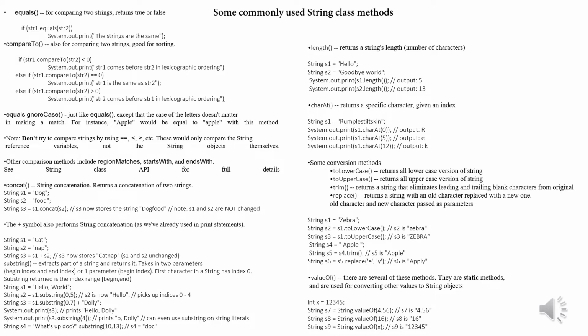The next method is compareTo. The compareTo method is used to compare two strings. What it will return is a number. It will compare two strings and return a number. If that number is 0, it means those two strings are the same.